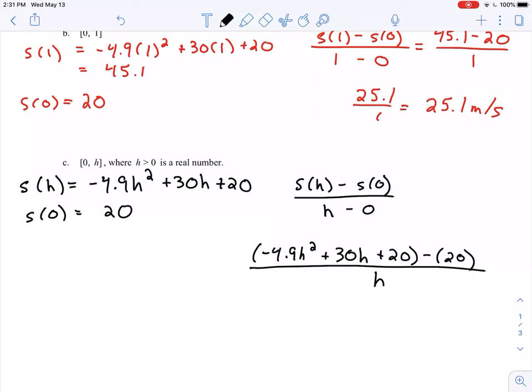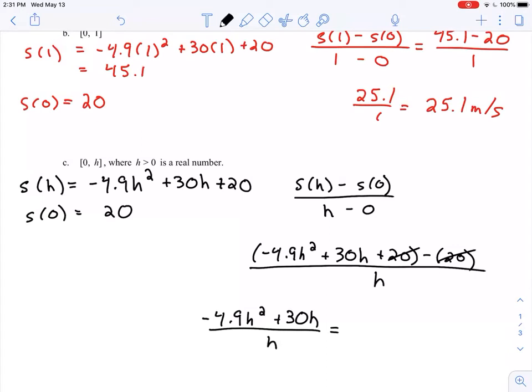So let's look at our numerator, and we can simplify this a little bit. It works out really nicely. I've got 20 minus 20, and those two cancel each other out. So I've got negative 4.9h squared plus 30h divided by h. I look at that numerator and there's a greatest common factor of h.